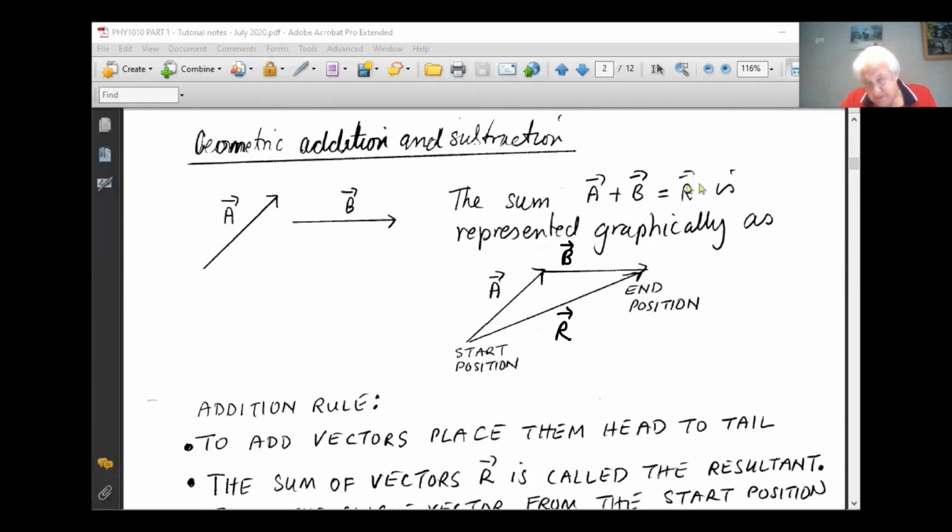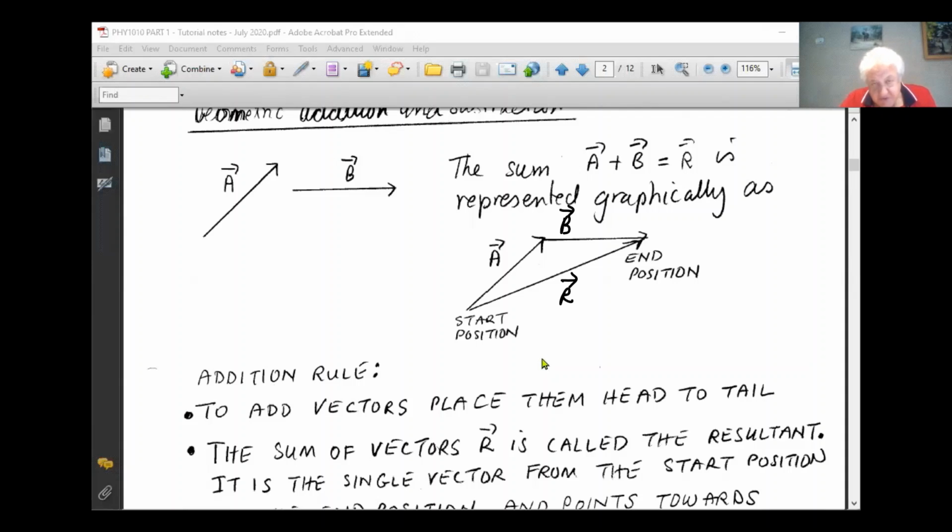I'll deal more with the mathematics of this later. But for now, geometrically, all you do to add vectors is you place them head to tail. So I start with A, draw my A, then I put the tail of B on A, and it takes me from the start position to the finish position.